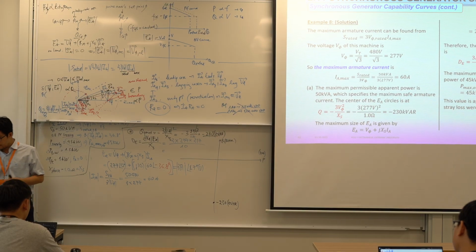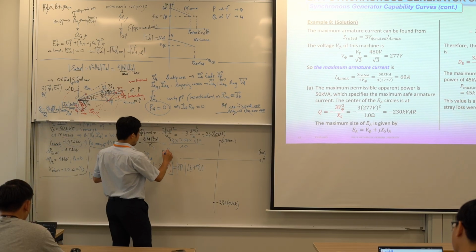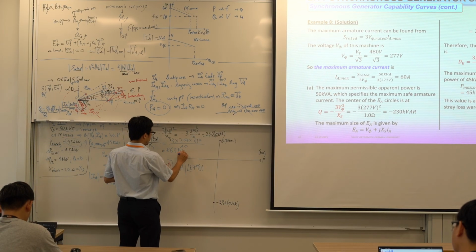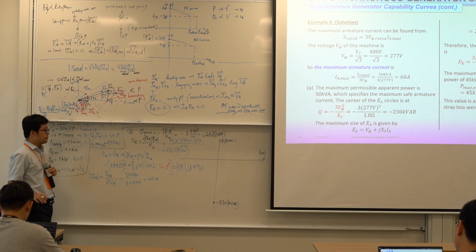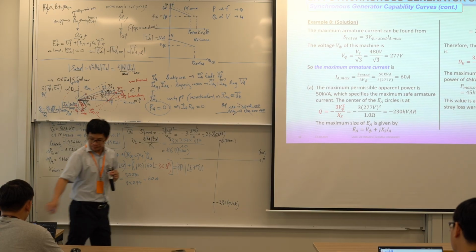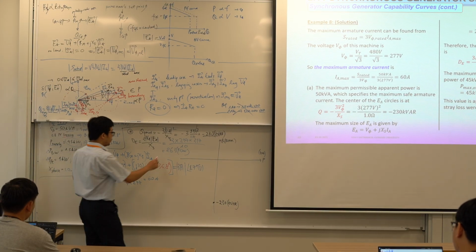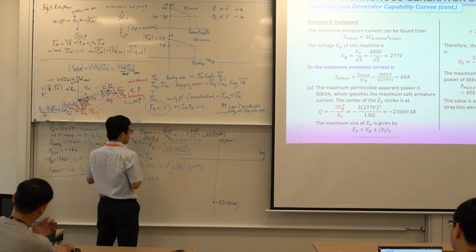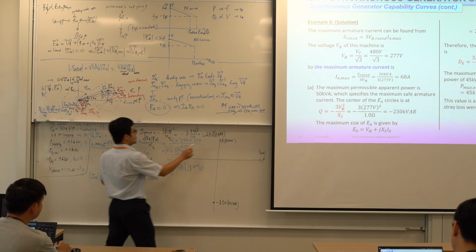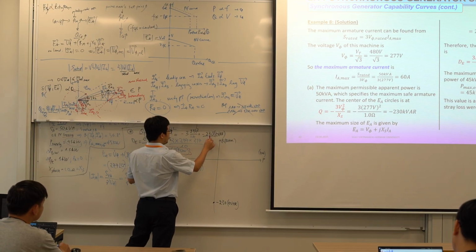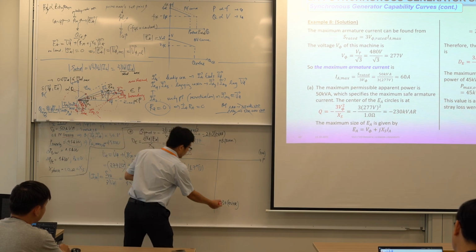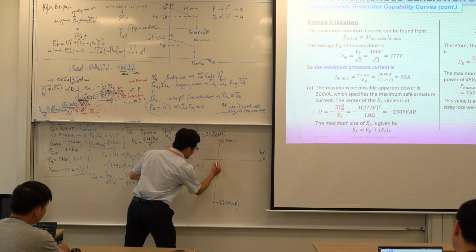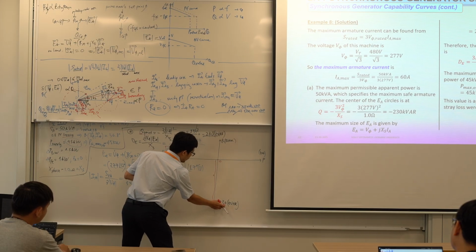We can get 263 kvar. So look, for DE you get 263, and the Q point you get minus 230. So this one is the radius, you know.